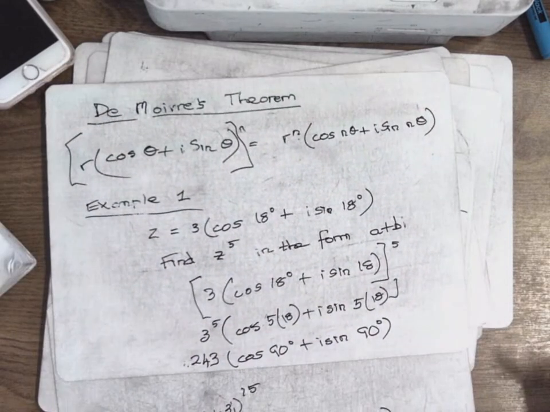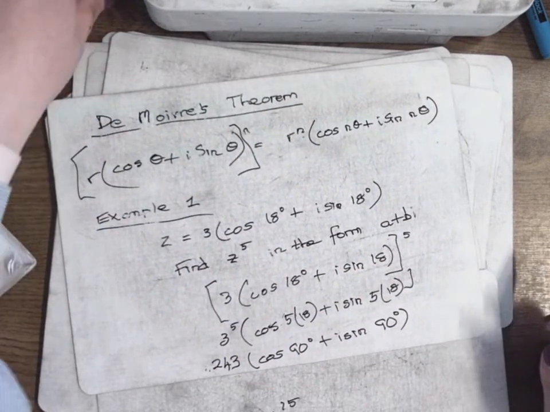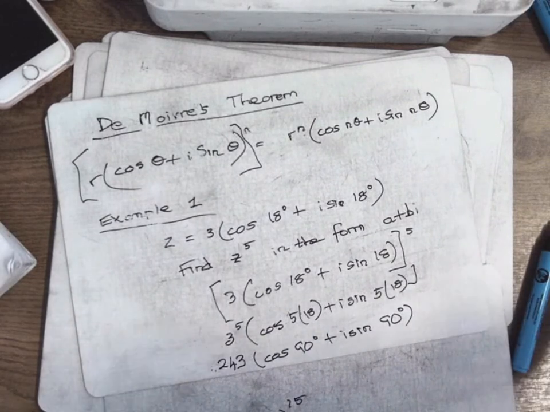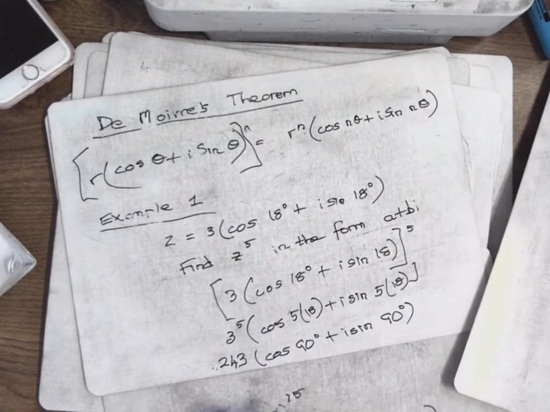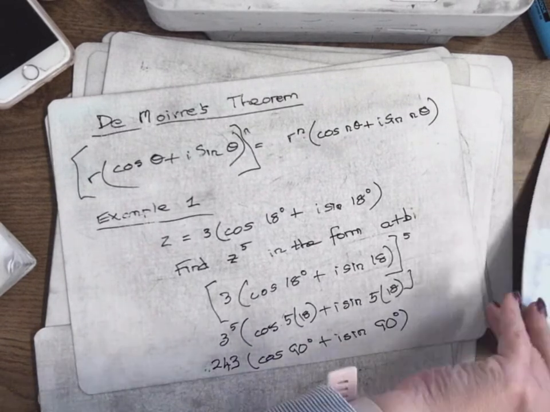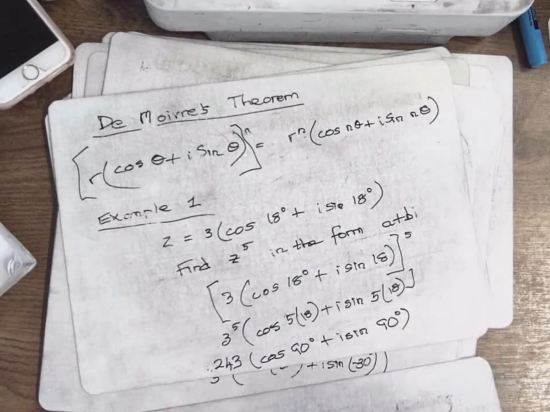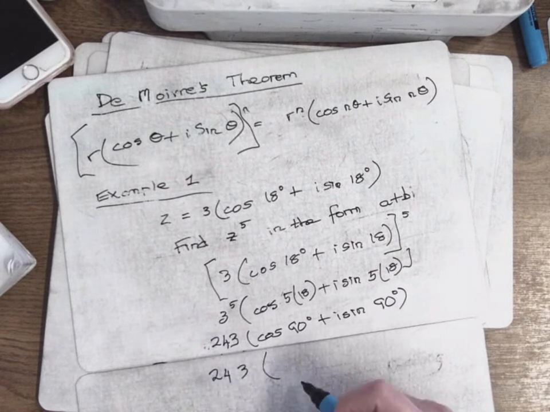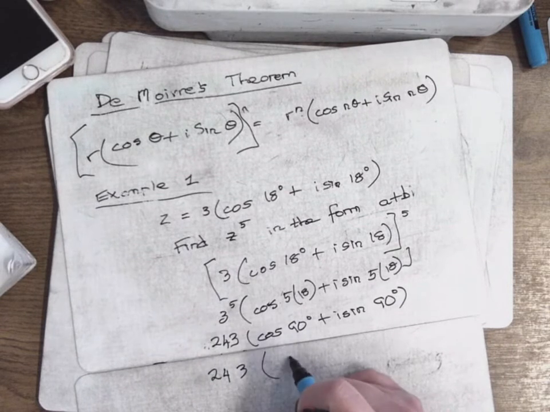Right, so into the calculator with that, get your cos of 90 and your sine of 90. So that would be 243 times the cos of 90, which is 0. So that's 0.